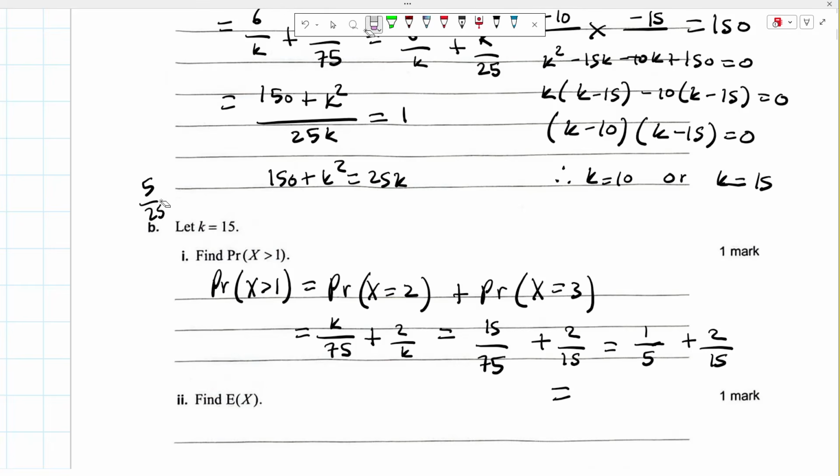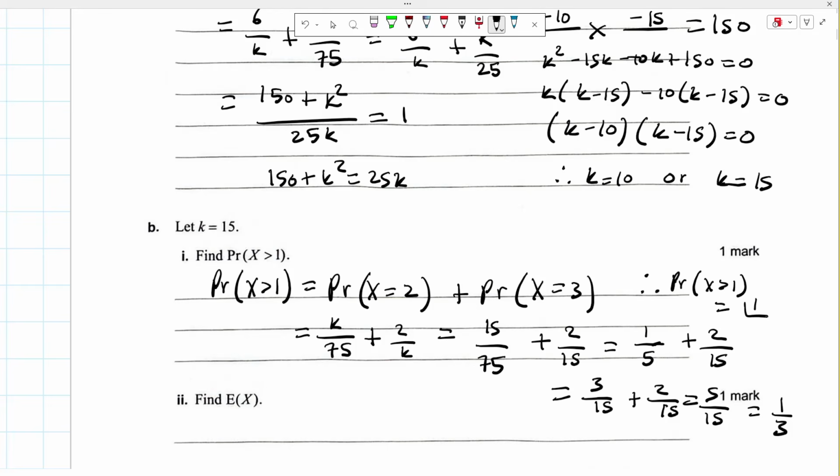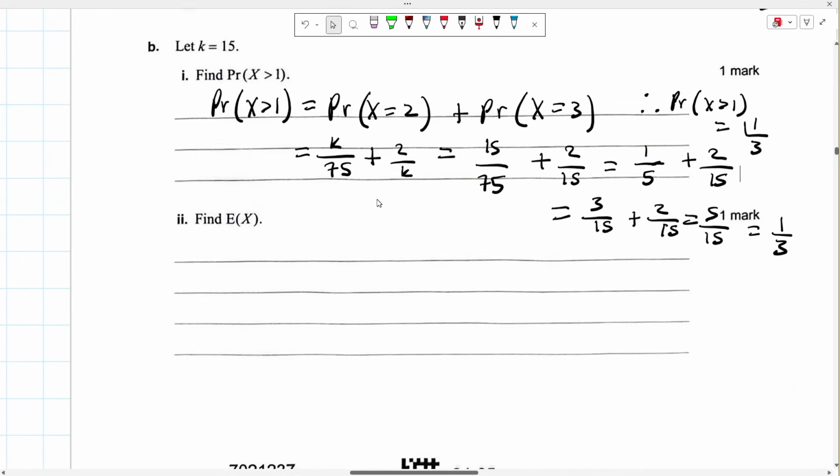Yep, so, and then we can add these fractions together. Let's make it a common denominator. So 3 over 15 plus 2 over 15 is 5 over 15. That's actually going to be 1 over 3. So therefore, the probability x is greater than 1 is going to be 1 over 3. Right, so I hope that makes sense.